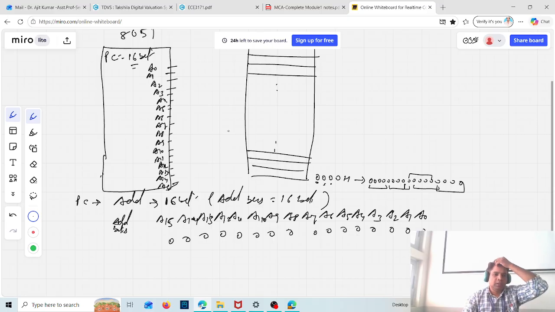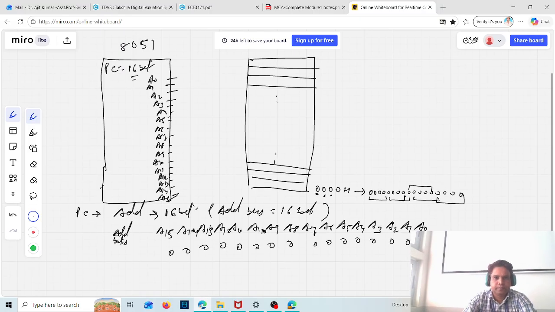Now, see here, these were the starting address. The next address will be 0001H.